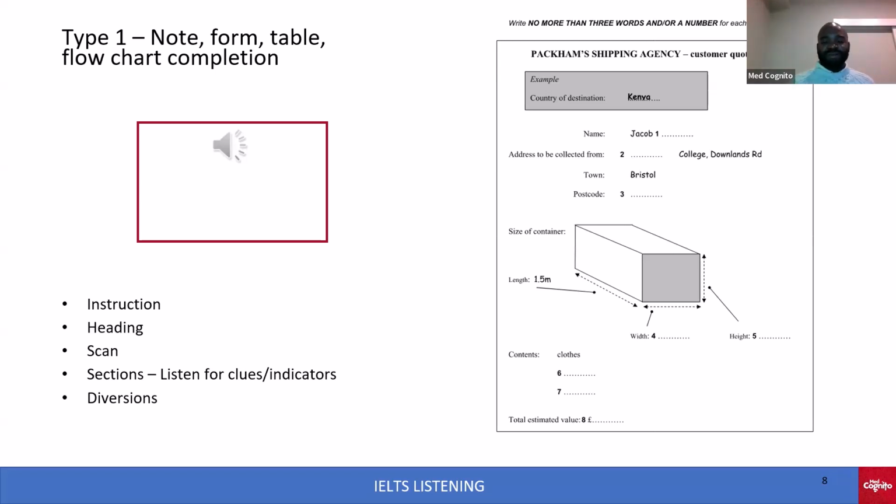For the contents, he mentions clothes and then books and toys. And for the final answer, the total estimated value, if you pay attention clearly there, he mentions two values. He mentions £1,500 and then £1,700. And so that's what I refer to as a diversion. He mentioned the £1,500 first, and if you don't pay careful attention, you may end up putting that down as the total estimated value.